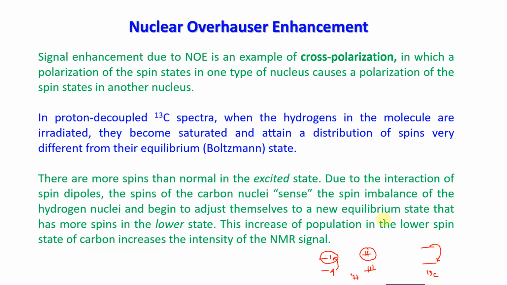So that is shown here. In equilibrium, or in the normal situation, you have less population in the excited state or the higher energy level. After irradiation, you have more population at the excited state or higher state.